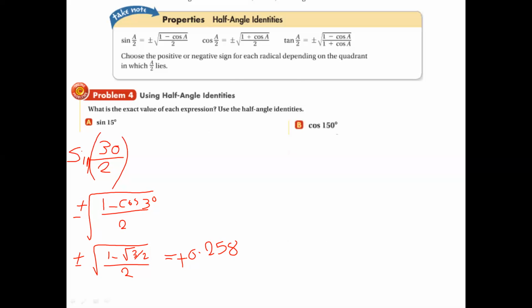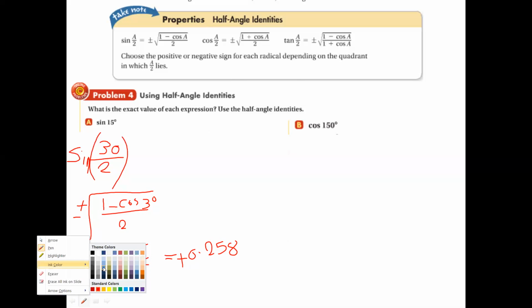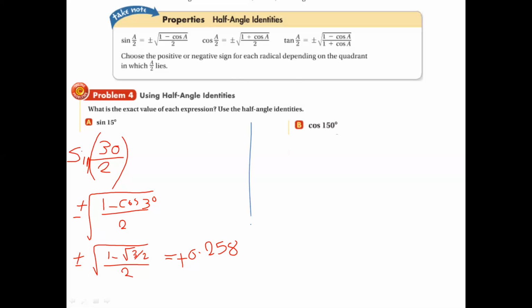Now, cosine 150. I want now to find the cosine of 150. I will write it as 300 over 2. Positive or negative?